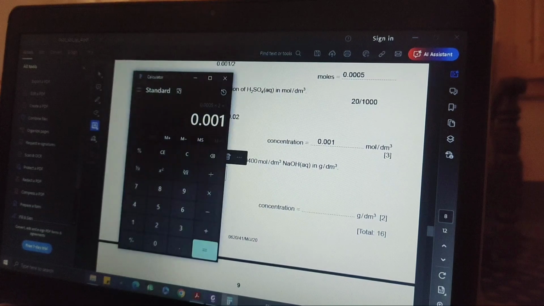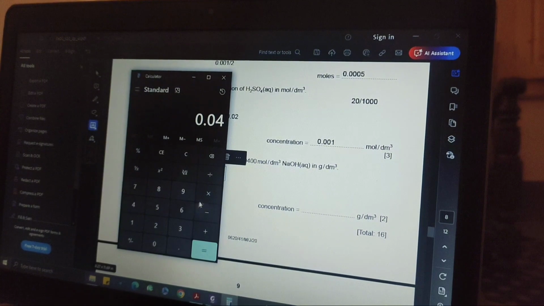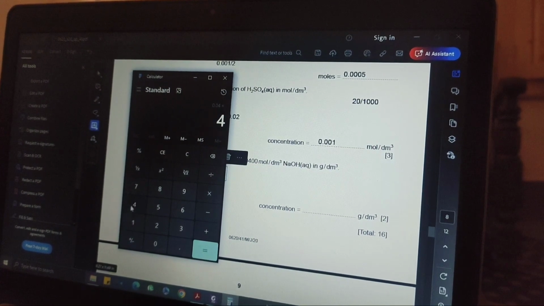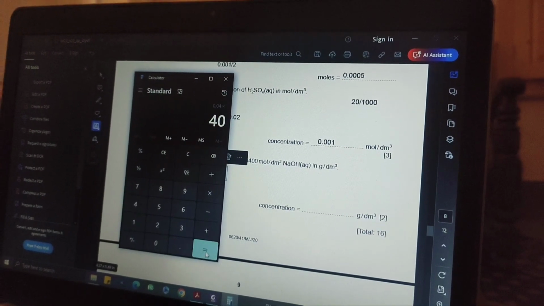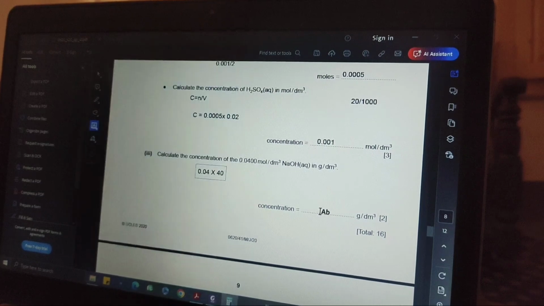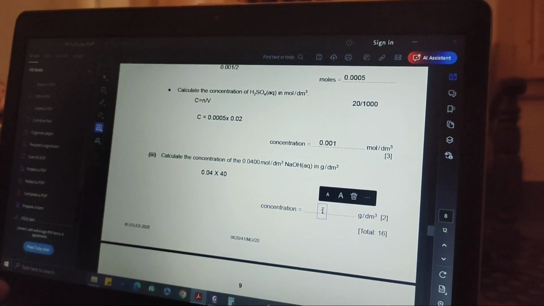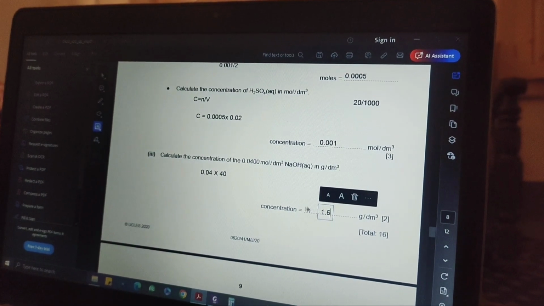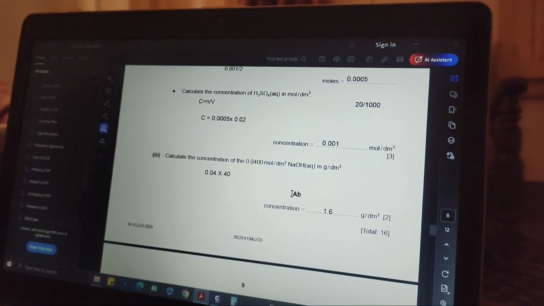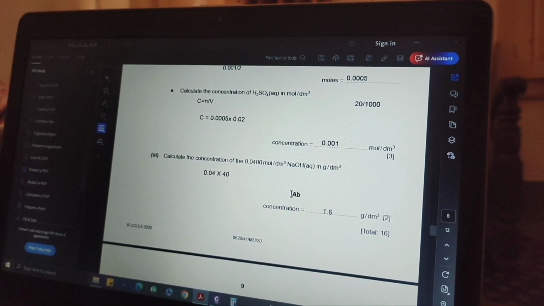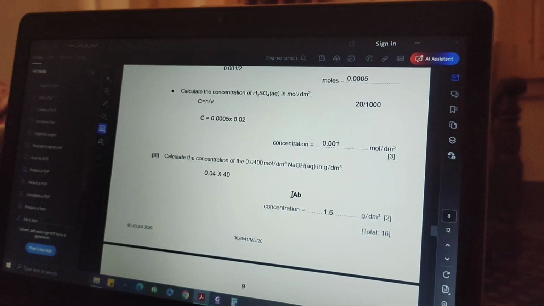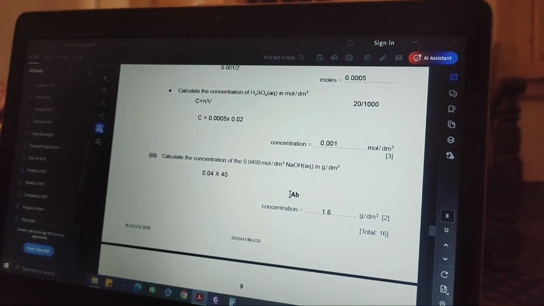So the answer will be 0.04 multiplied with 40. It gives us 1.6. Whenever we need to calculate the concentration in grams per decimeter cube instead of moles per decimeter cube, we will multiply it with the Mr.